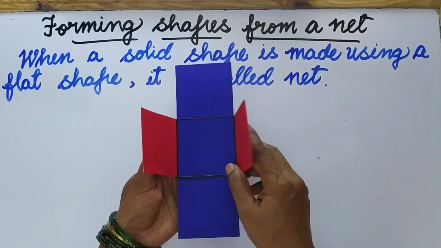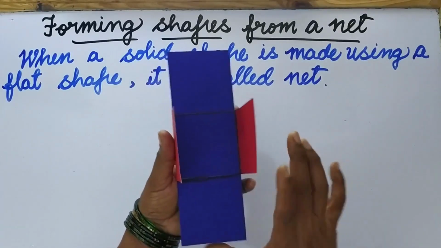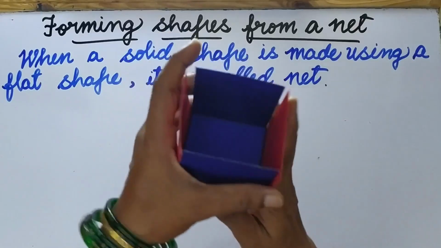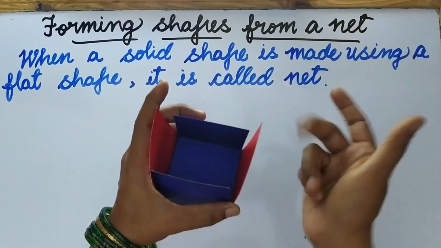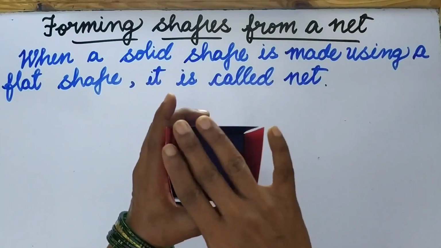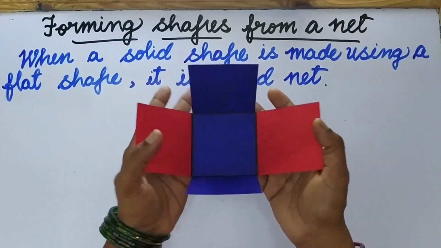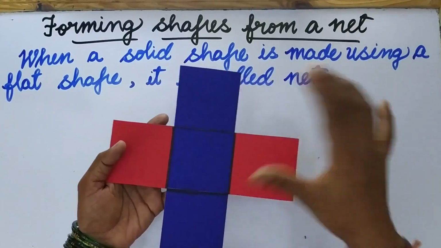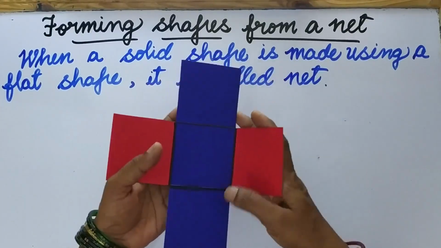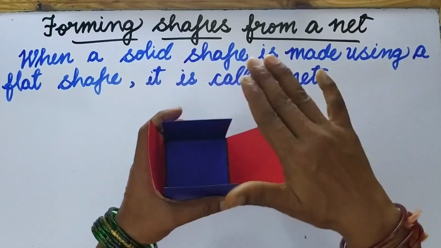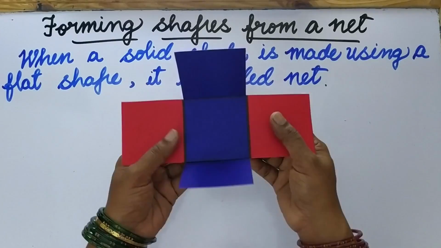If you draw it like this, only 5 faces are there. One side we are not finding any face, so this is one side open. From the 5-faced net, we can make a cube, but it will be an open cube. One side will be open.